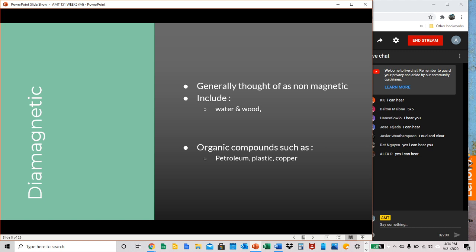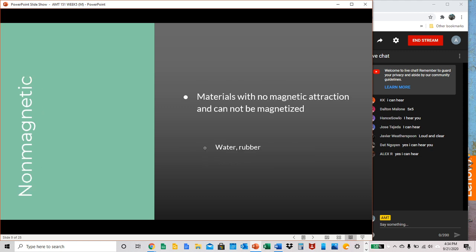Copper is diamagnetic, generally thought of as non-magnetic. And then we have non-magnetic materials. Materials with no magnetic attraction that also cannot be magnetized themselves. So we have things such as water, rubber. These have no magnetic attraction to magnets, and water and rubber themselves cannot be magnetized.